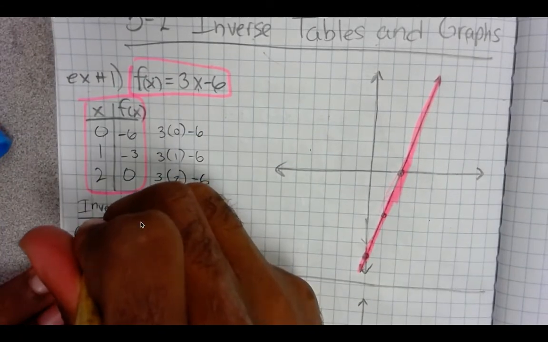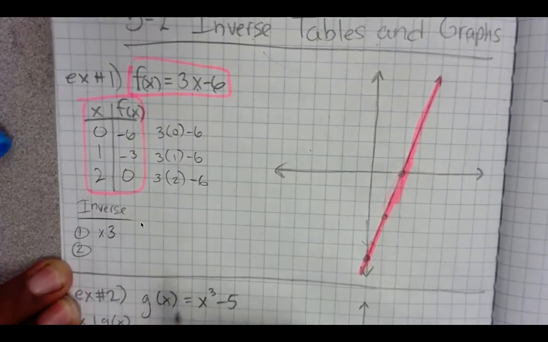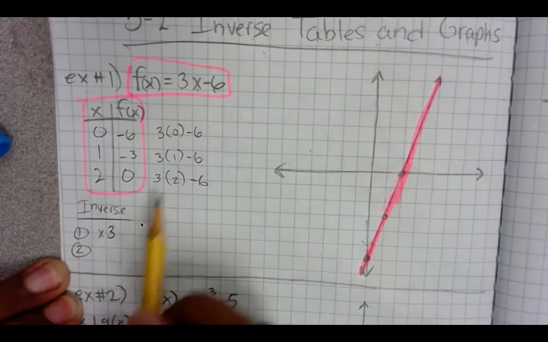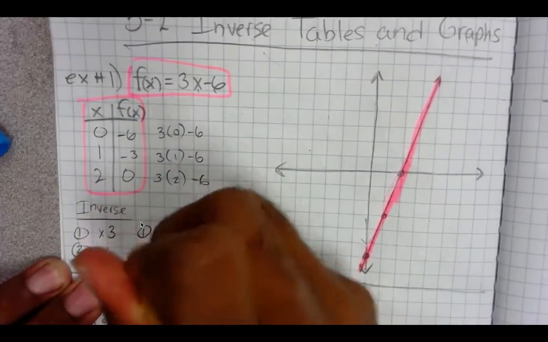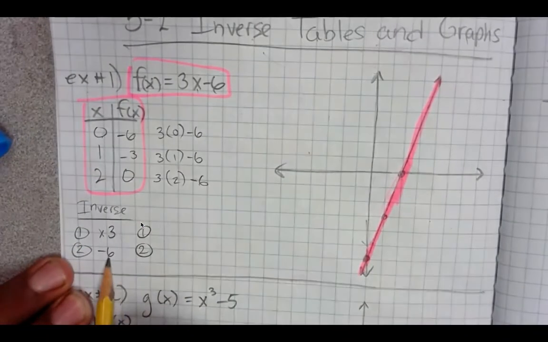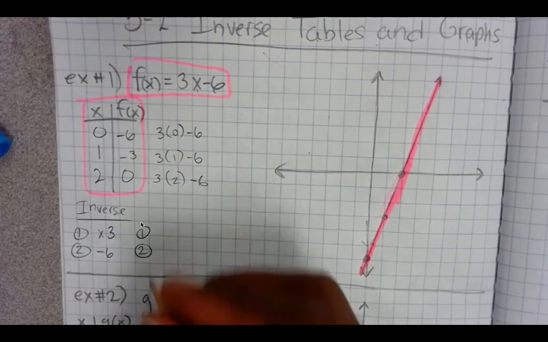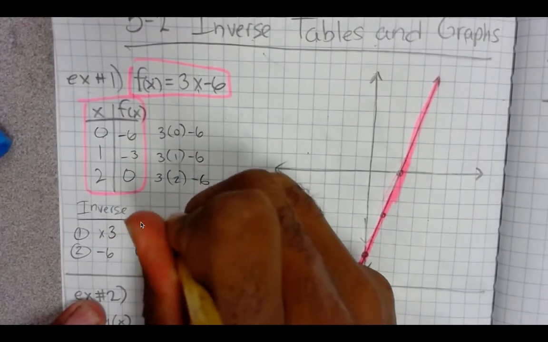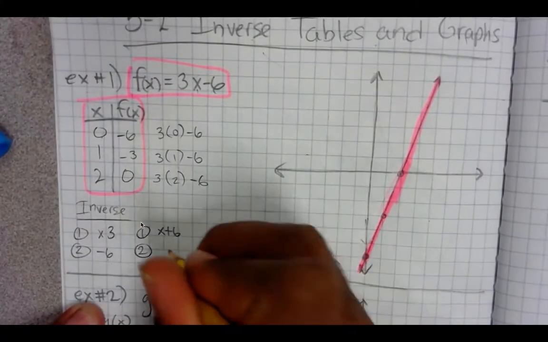Multiply 3 is the first operation. What's the next one? Minus 6, right? So now, to create the inverse, what do you start with? 3 or 6? The 6, right? And then you do the opposite. So what that ends up being is x plus 6 is your first step. Then what's next? Divide 3.